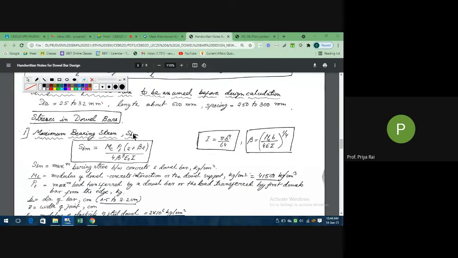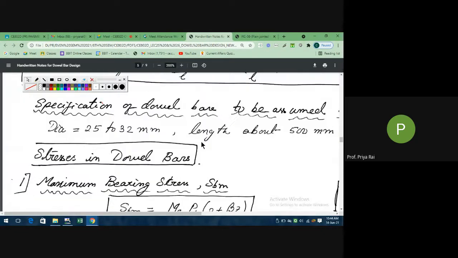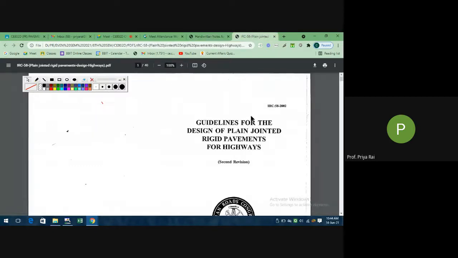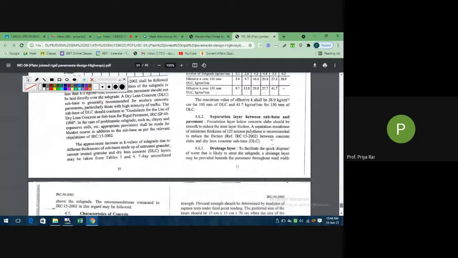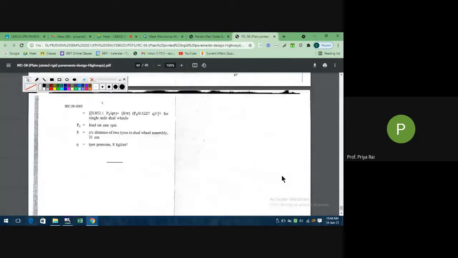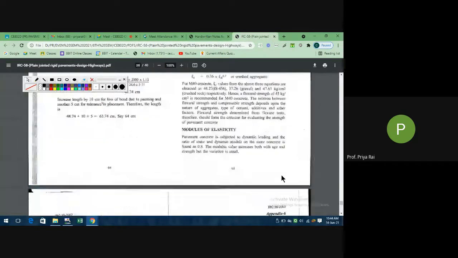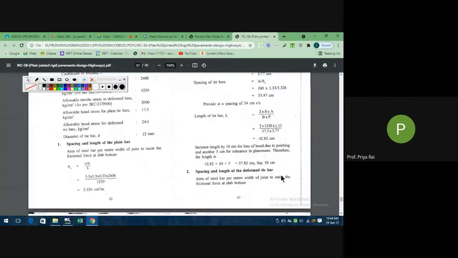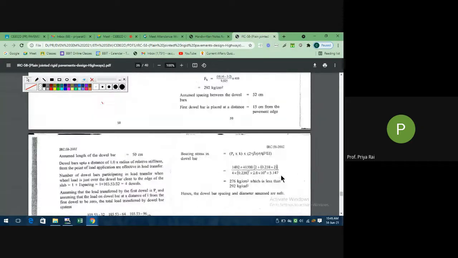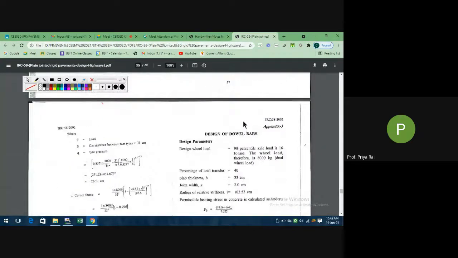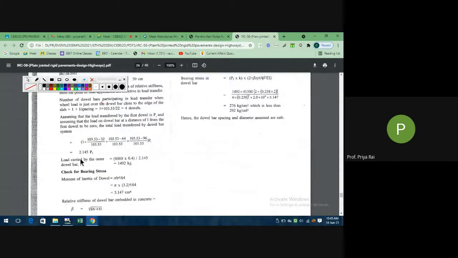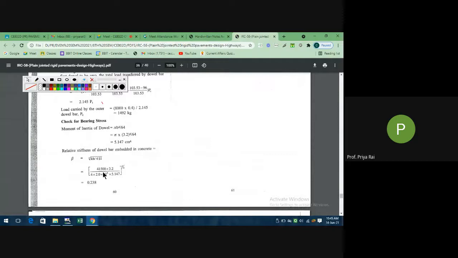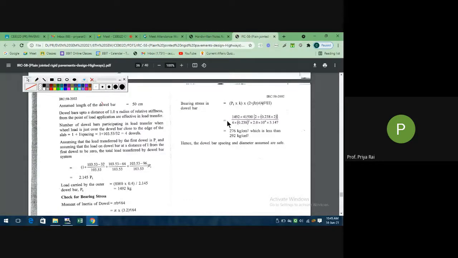See, the maximum bearing stress formula is this one. You need not remember this formula, it is already given in your IRC 58. See here, the FV formula. Then comes your SBM formula, okay.